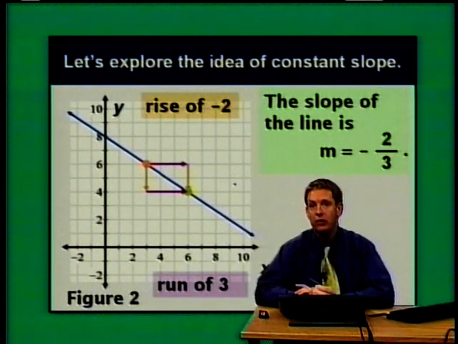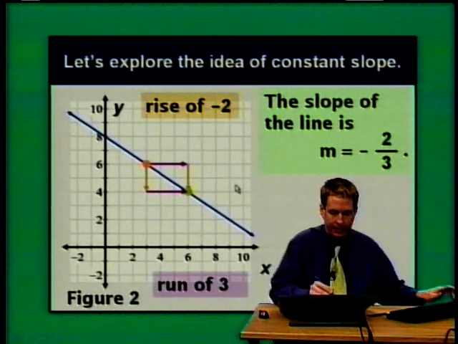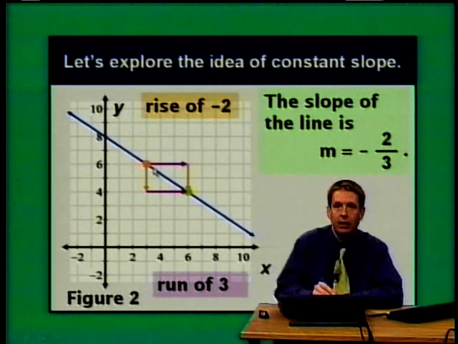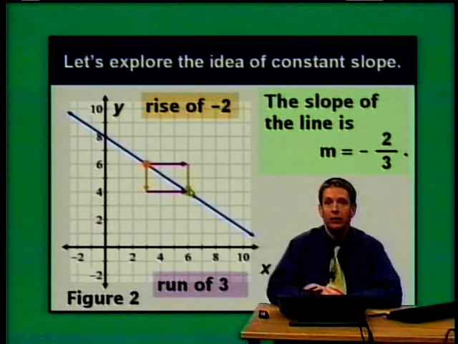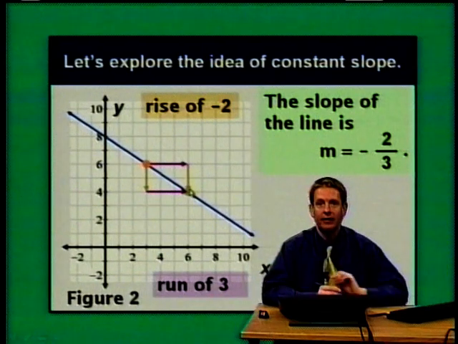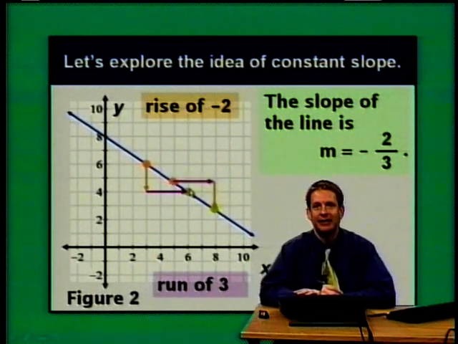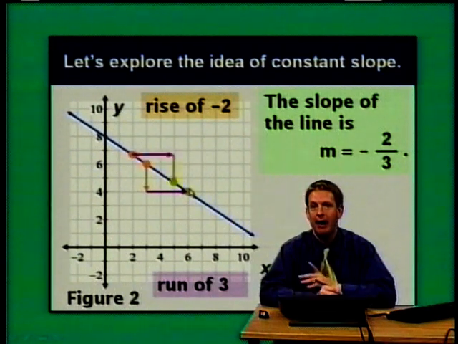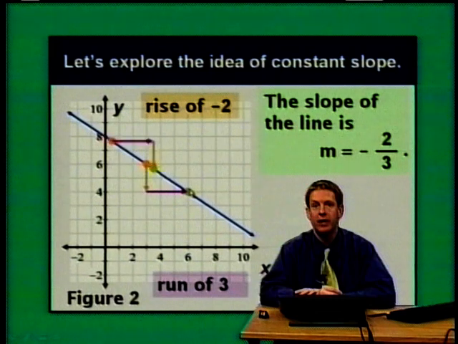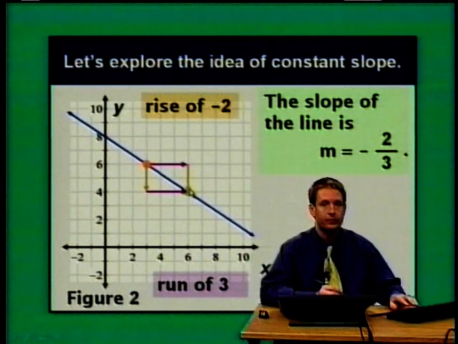And what I want you to observe is, as long as that orange point, the point at the top, stays on the line, when I go right 3 units and down 2 units, the green point is also on the line. Let's see that in action. As long as that orange point is on the line and I maintain this ratio of +3 for a run, -2 for a rise, I get a second point on the line.